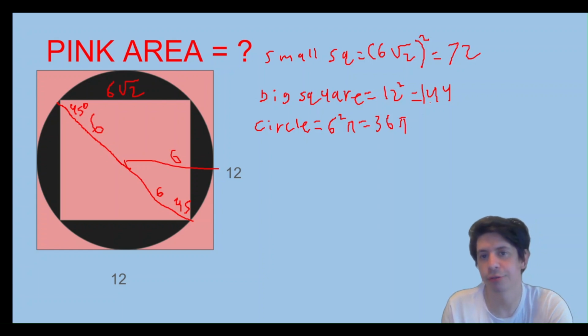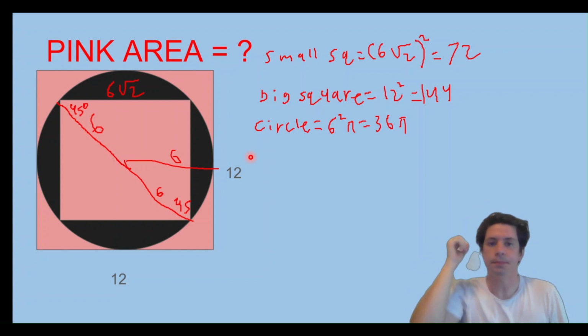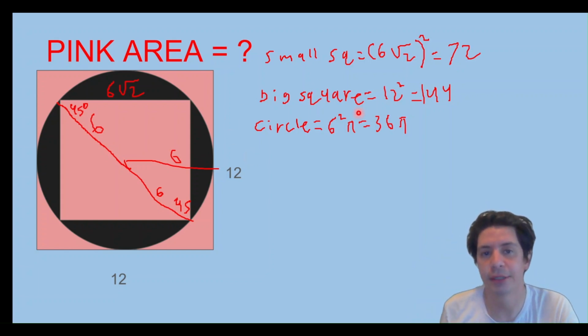So you can do the area of the big square plus the area of the small square minus the area of the circle.